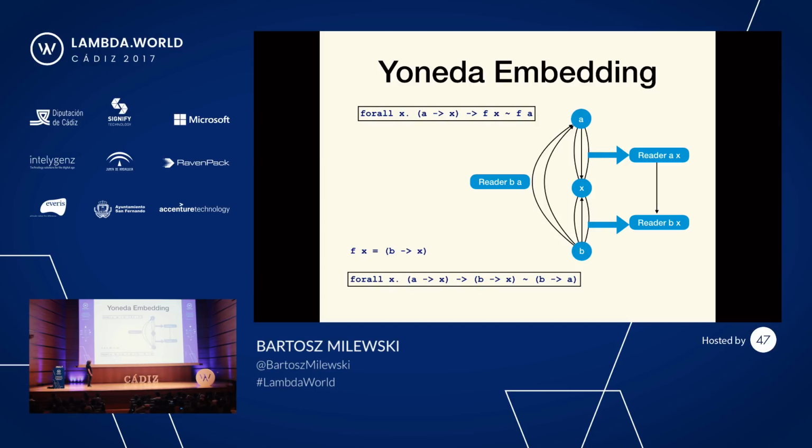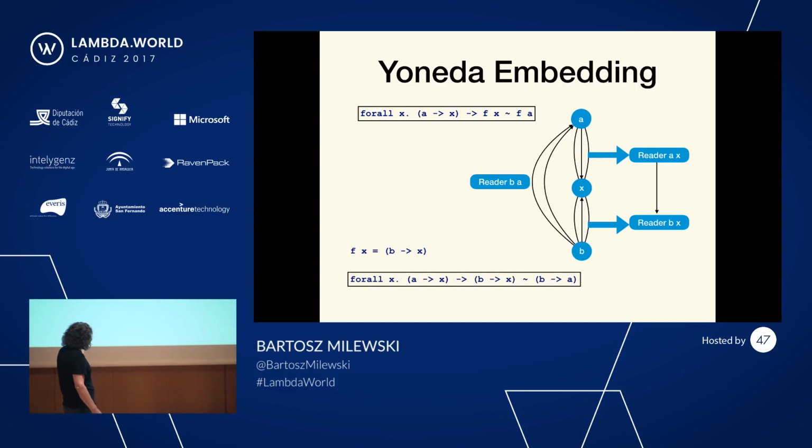And then I get this formula at the bottom, which is the Yoneda lemma for the reader functor here, right? It's a different reader. It's a reader from B. The first reader is from A. The second reader is from B, right? And so this is my fx, right? If I replace x with a on the right-hand side of the Yoneda lemma, I will get fa is function from B to A. All right? So it's B to A.